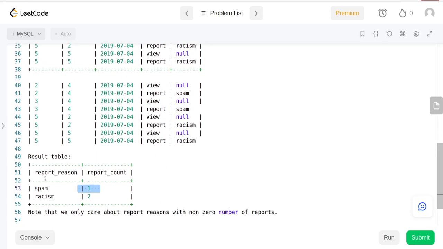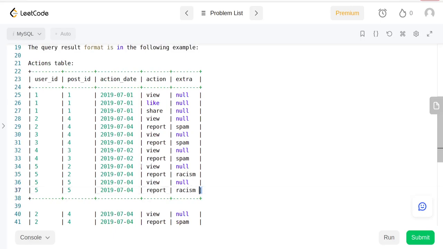What I'm wondering is why the spam is 1. This is the original data. Both of them are reports, both of them are spam, and both of them were yesterday.